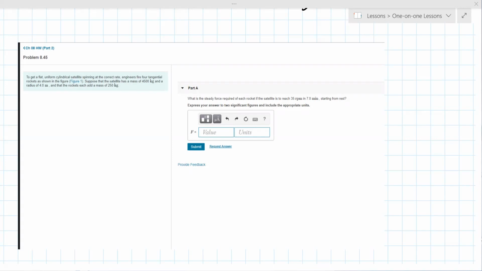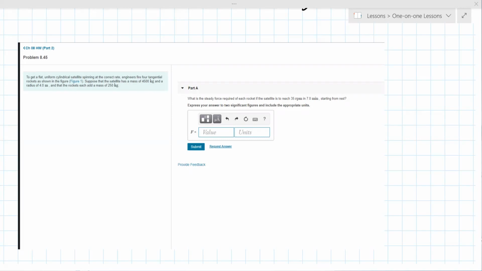Does the figure have any equations in there? This one doesn't have any equations. It's just a circle with a radius on it, and it just says end view of cylindrical satellite. Yeah, there's nothing really useful there. Trying to figure out how you're supposed to do this.